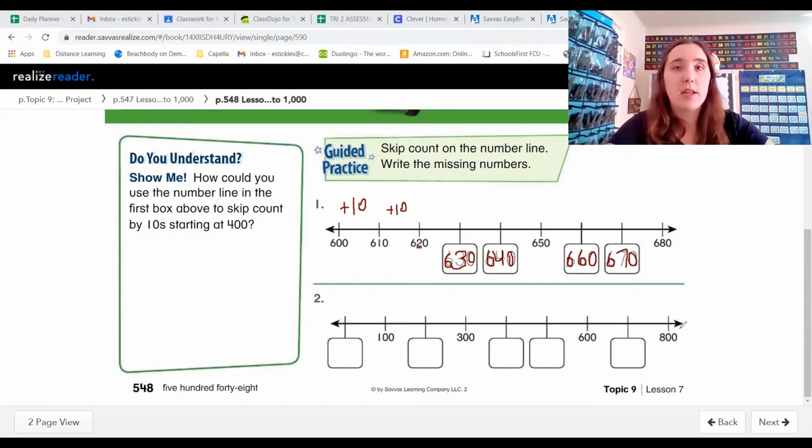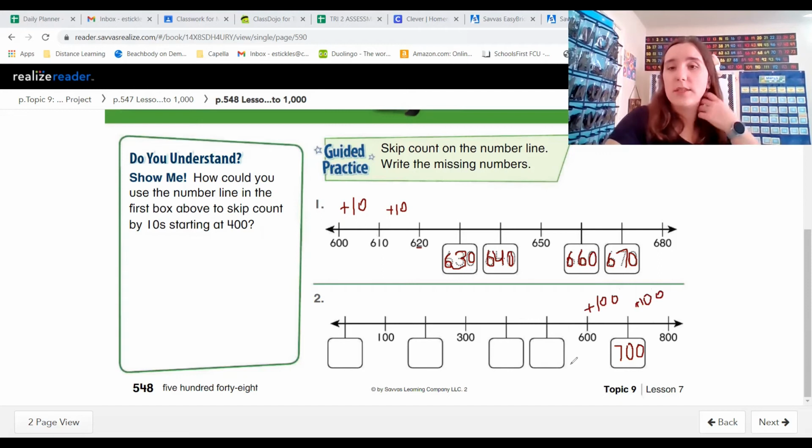So if we split that in half, that would be adding 100. So let's try that. 700. We would add 100 to 600, and that would get us to 700. And then we'd add 100 to 700, and that would also get us to 800. So let's try that with the rest of our missing numbers and see if that pattern is correct.